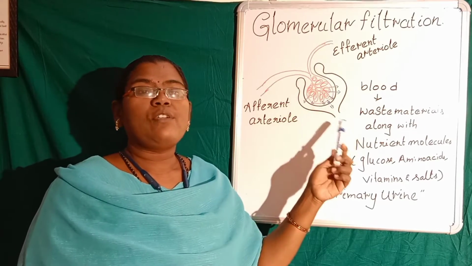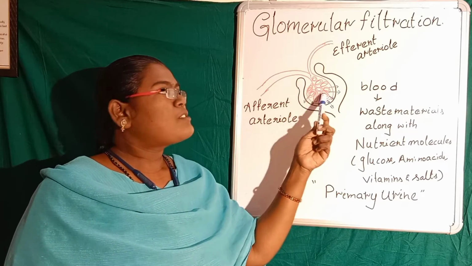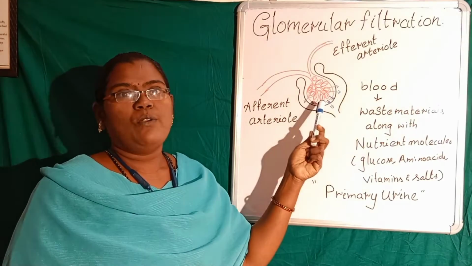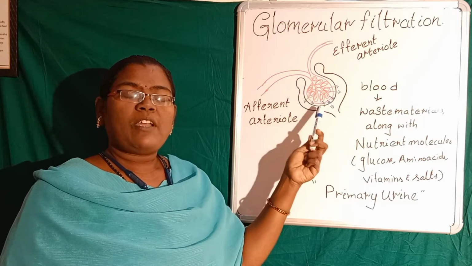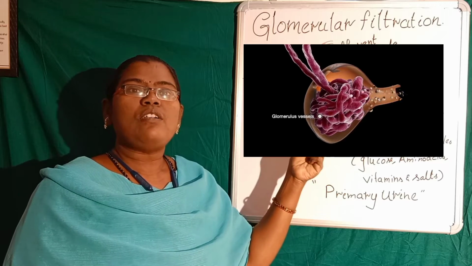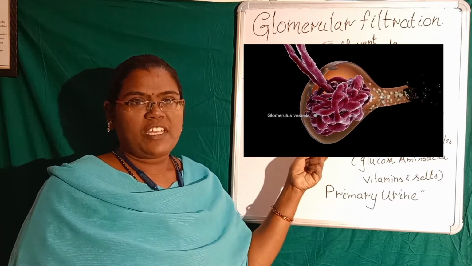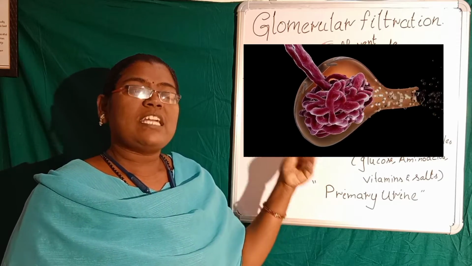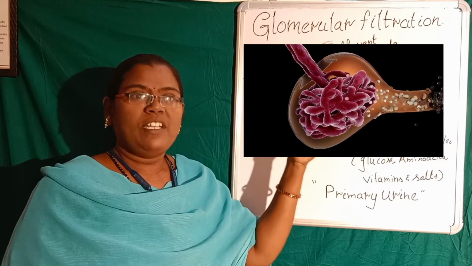Because of this narrowness, pressure is created inside the glomerulus. So this is pressurized filtration, also called ultrafiltration. It occurs in the glomerulus, that's why it is called glomerular filtration.